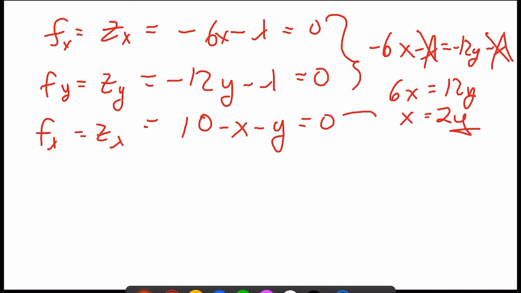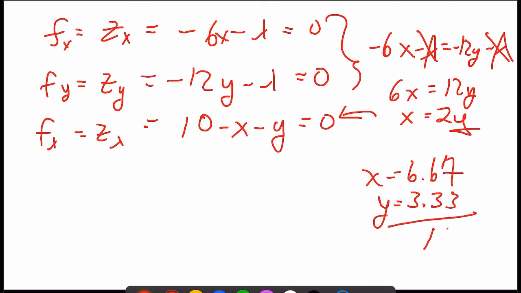Now I can put that into the constraint, and what answer am I going to get out? Well, x is 6.67 and y equals 3.33. Those add up to 10. And that's going to be the optimal point.